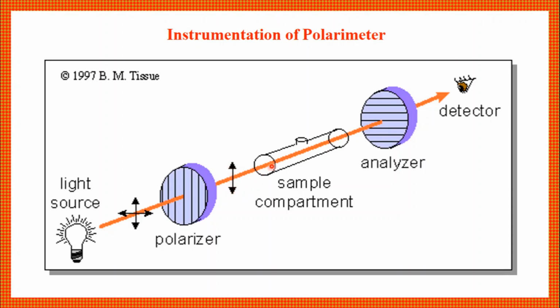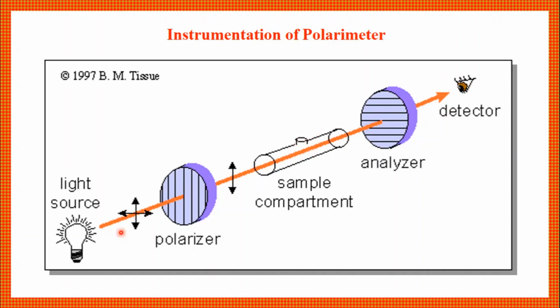When you pass this single beam of light into the sample compartment where the sample is kept, you have an analyzer and you are detecting that light. So there is a deflection of light. If the sample deflects this plane polarized light in any direction, either to the right hand side or to the left hand side, that sample is called an optically active sample.